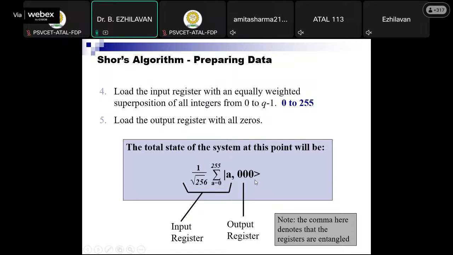For the input register, 1 divided by square root of 256, summation of a equal to 0 to 255, that is 1 by square root of q, with a equal to 0 to 255. Then the output register will be 0.